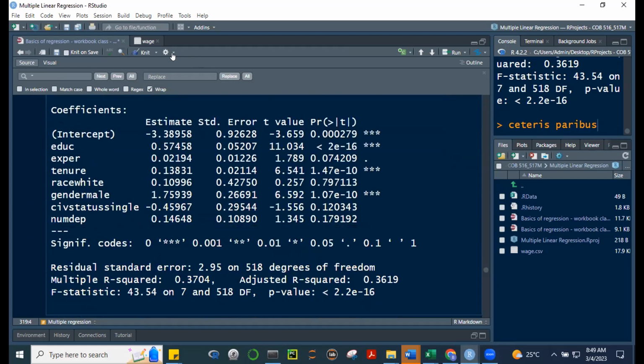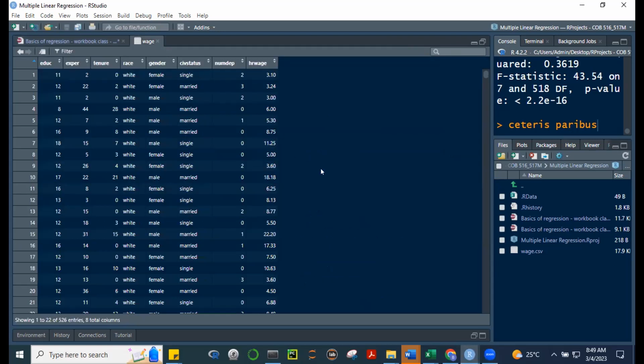Now the answer lies in the fact that these are categorical variables and R automatically converts them into factors.